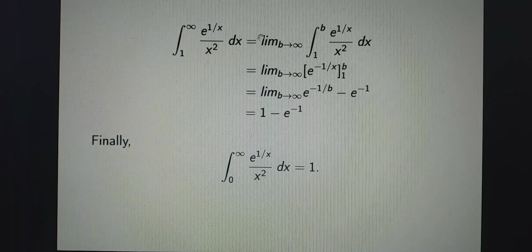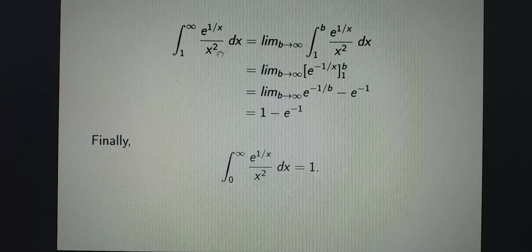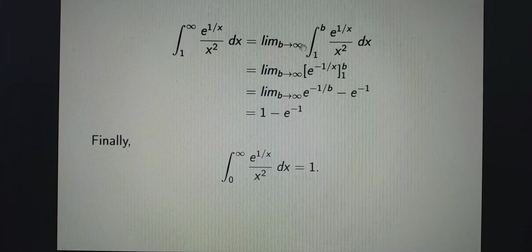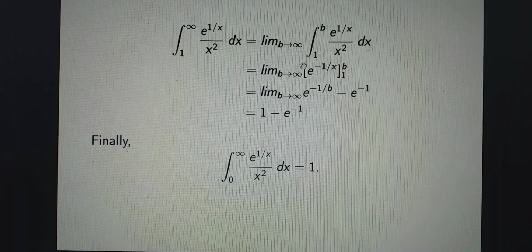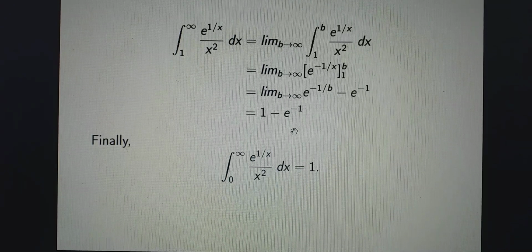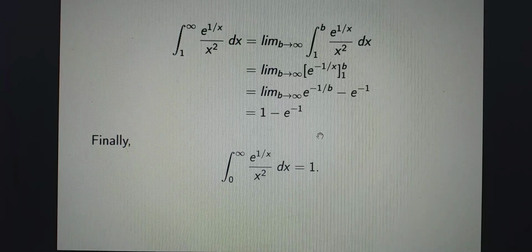So we use the first type of integral, and from the definition we get this integral equal to the limit as b tends to infinity of this integral, and we have this based on the indefinite integral, and this limit is equal to 1. And finally we add the first result and the second result, and we have that this integral is equal to 1.